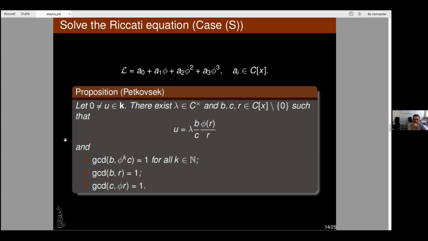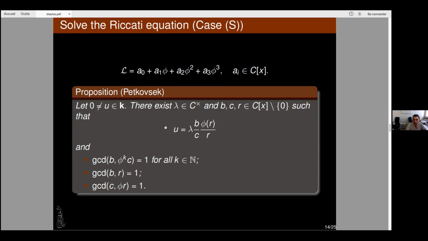So how do you do that? You write U as a quotient of two coprime polynomials, and then you apply the shift to the denominator. And if you find a non-trivial GCD, then you multiply at the top and at the bottom by R and phi of R to cancel this non-trivial GCD. And if you do that successively, you find this kind of writing.